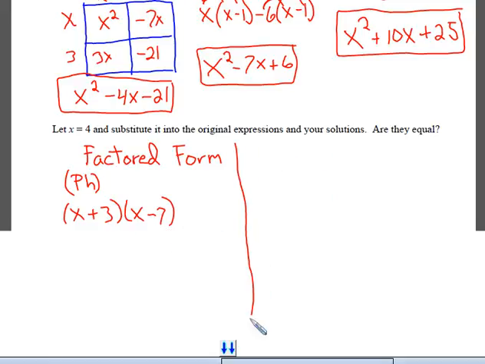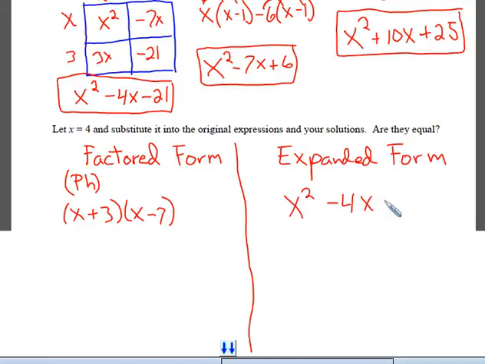Draw a line down the middle here, and then we also have what's known as expanded form, and that was the trinomial that I got for an answer after I multiplied the two binomials, x squared minus 4x minus 21. So I'm going to substitute 4 in for x, and if I did my expanding correctly, these two answers should be the same.